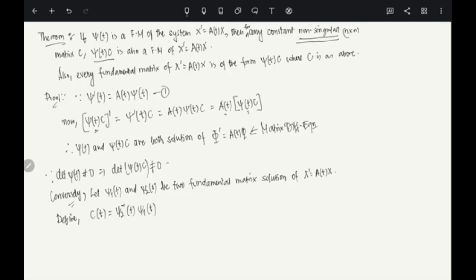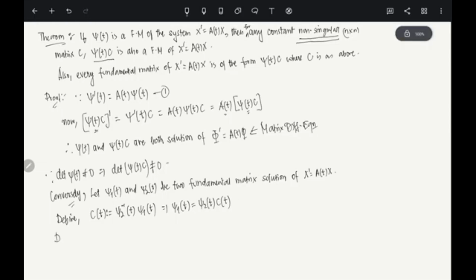Now, what is phi 1 of t in this case? Phi 1 of t is nothing but phi 2 of t times C of t. Phi 1 and phi 2 are both C1 matrix functions, so C is also C1, and we can take the derivative here.